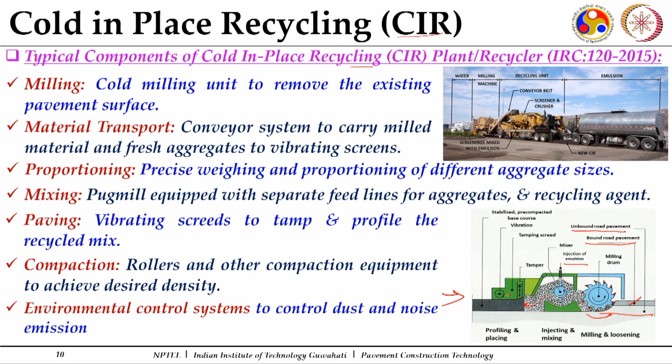Here you have the tamping screed, then vibration. Finally, this is your stabilized material, which is compacted to a certain extent by your vibrating screed, and then it is ready for your rolling or compaction operations.